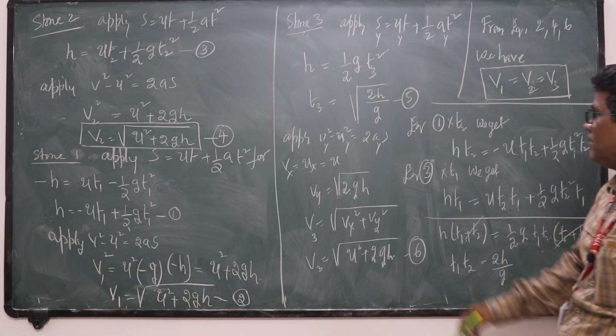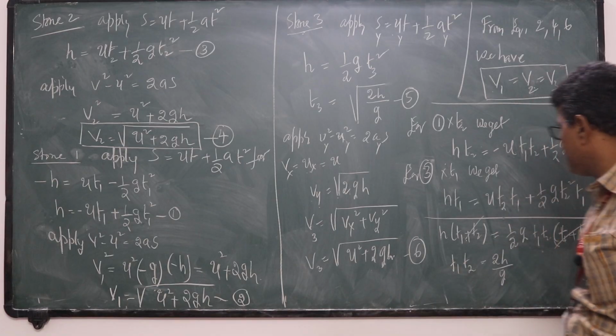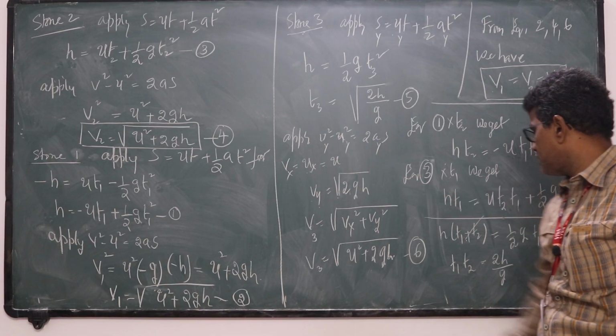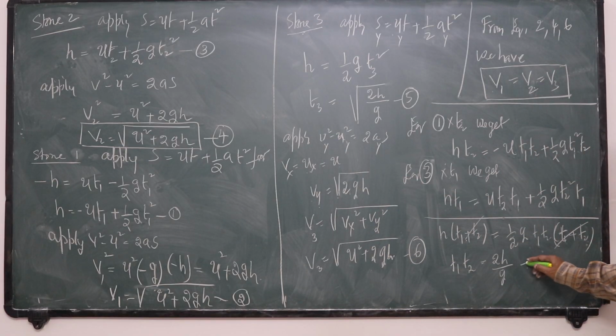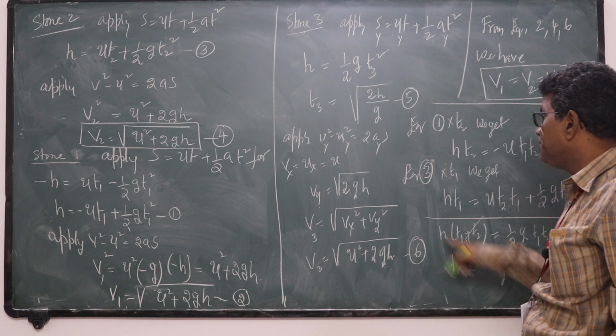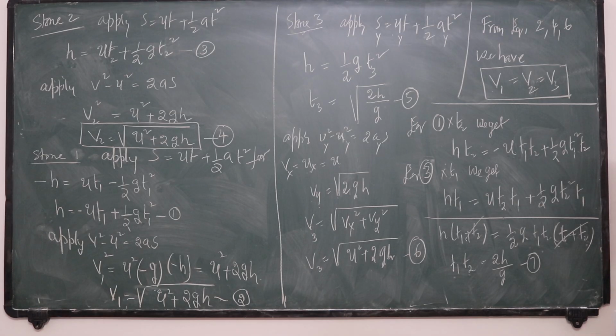Okay. Instead of 2H by G we can write T3 square. So you call it equation 7. See how you can relate T1 T2 T3 from that.